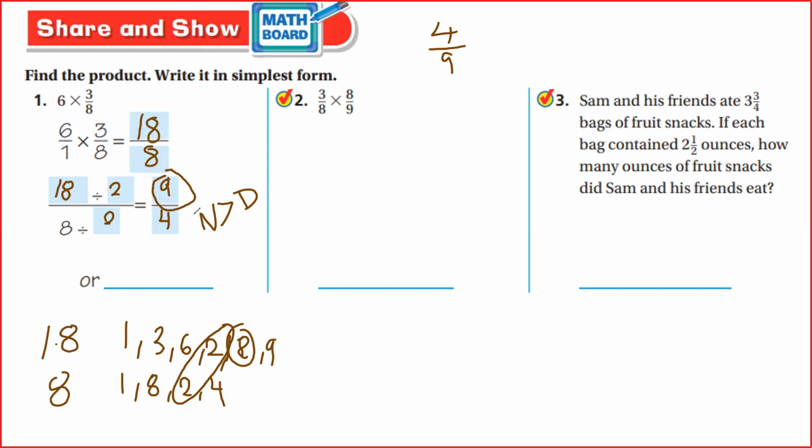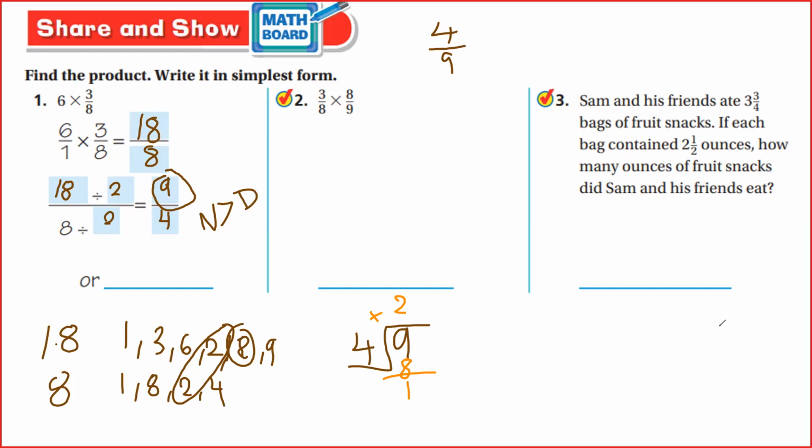How can I write it as a mixed number? By dividing 9 over 4. What's the number that I multiply by 4 to get 9 or close to 9? It's 2. 2 times 4 is 8. So what will the remainder be?